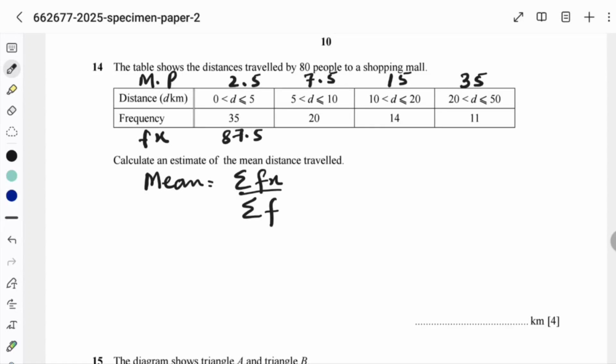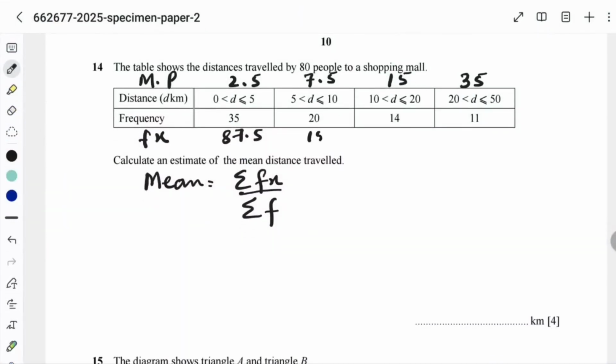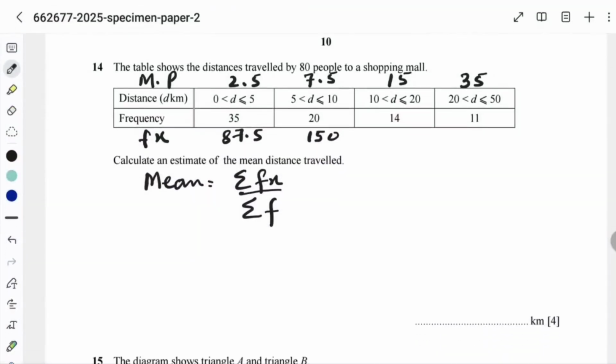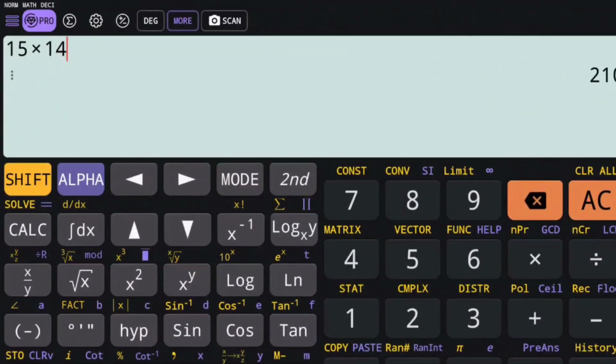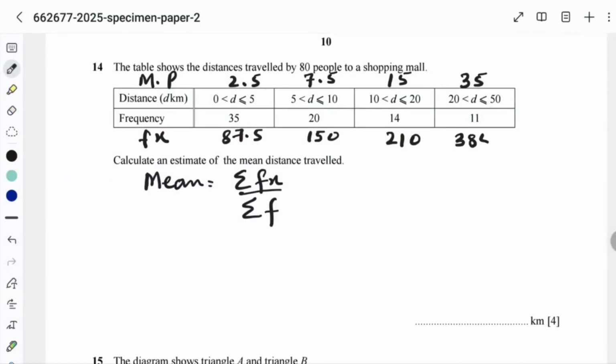The next one is 7.5 into 20, which is 150. 15 into 14 is 210. 35 into 11 is 385. Add all of the numbers.